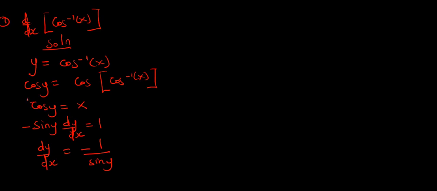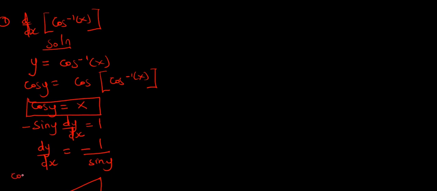From here, we know that cos y equals x, so the cosine of a certain angle equals x. We can draw a right angle triangle and represent the whole thing on it. Here is 90, and here is our y, which is the angle.